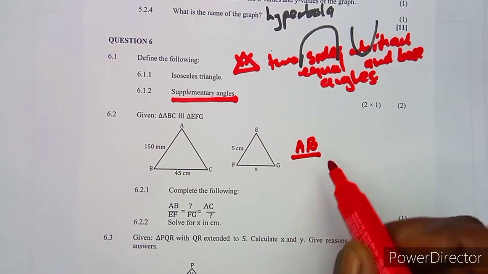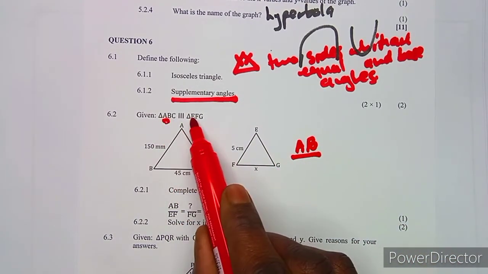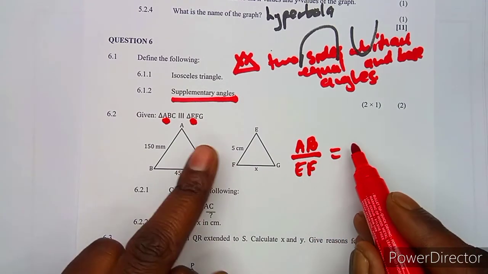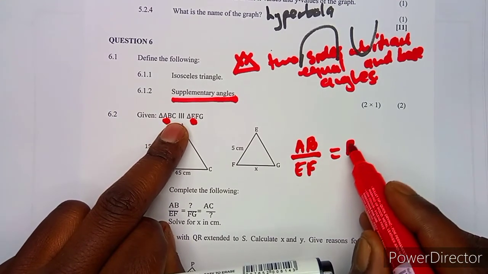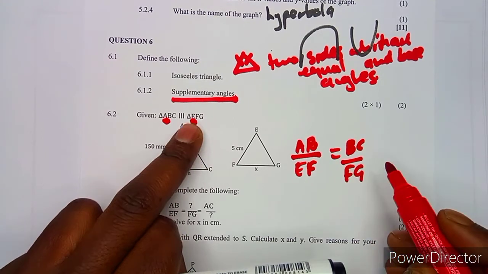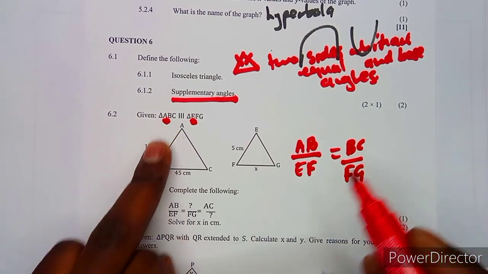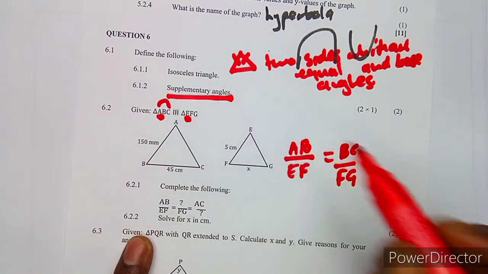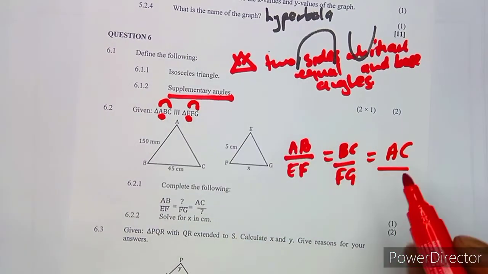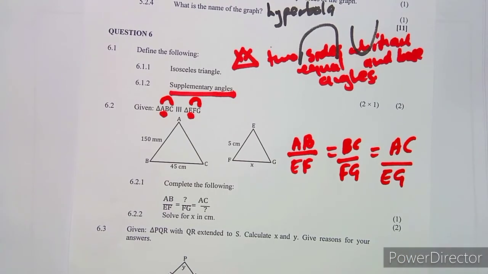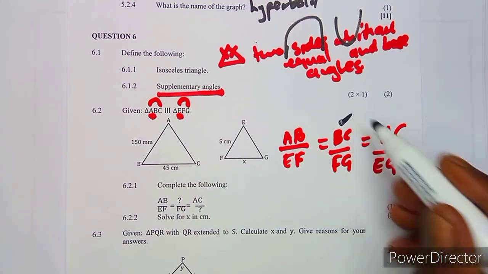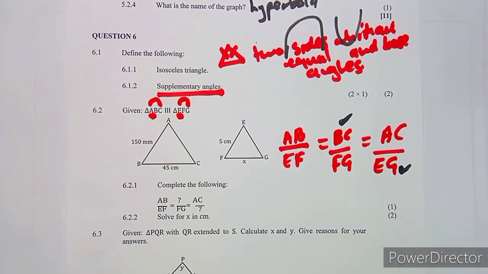So it's AB over EF, which is equal to, you move on to this one, BC over FG, and AC, you start with A, this A here to C, over E to G. So that is actually what they needed. So what you're supposed to complete was this piece here and this piece. So it's just half, which to make it 1 mark.